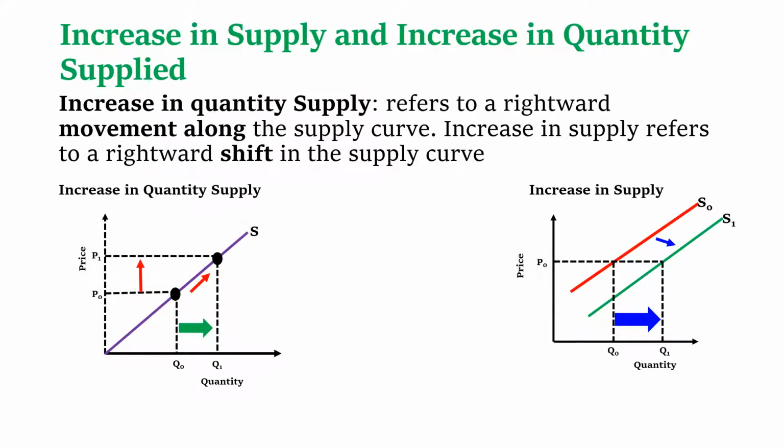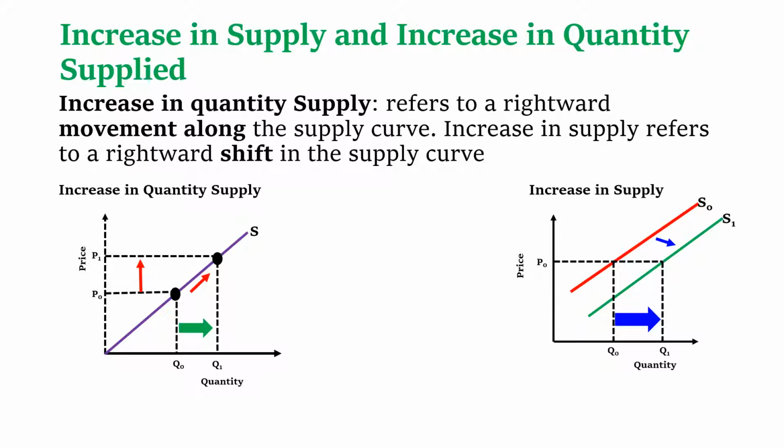So an increase in quantity supplied refers to what? It is a rightward movement along the supply curve. You see? An increase in quantity supplied is a rightward movement. And then an increase in supply, remember, is different.